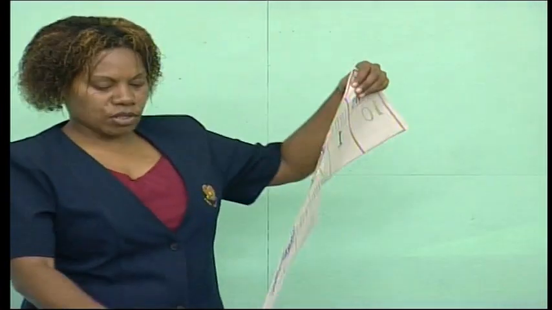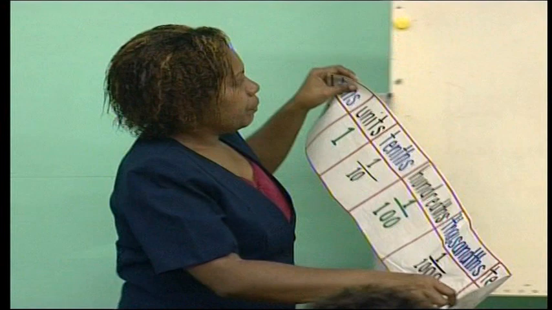In this lesson, we are going to try and change decimals to fractions and change fractions to decimals. So that activity which I just gave you was a sort of lead-up exercise on how you can change fractions to decimals and decimals to fractions.